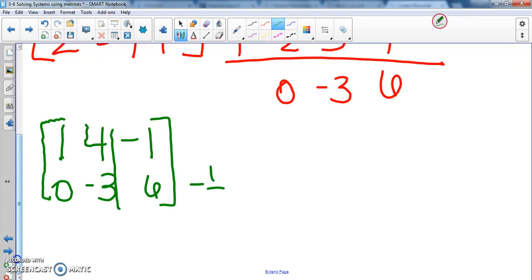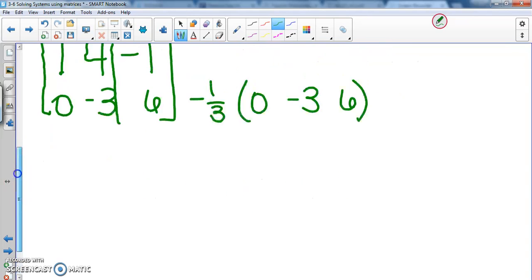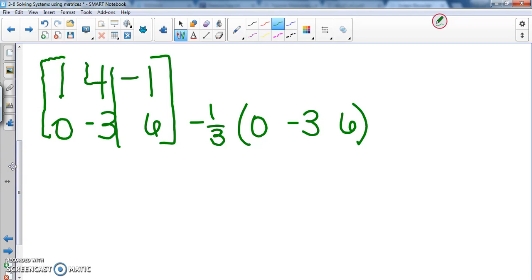So I'm going to multiply by -1/3 on the second row. And I'm going to have a new matrix of 1, 4, -1, 0, 1, -2, I'm sorry.